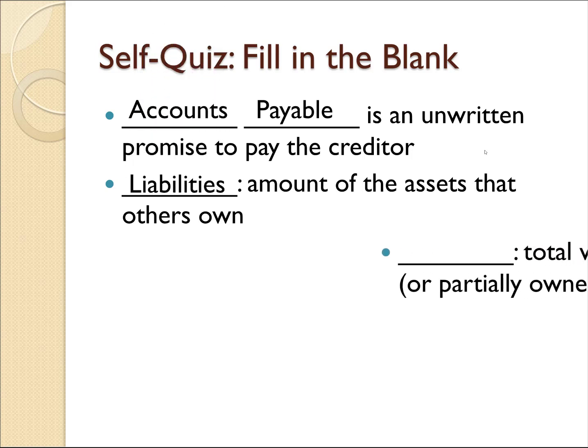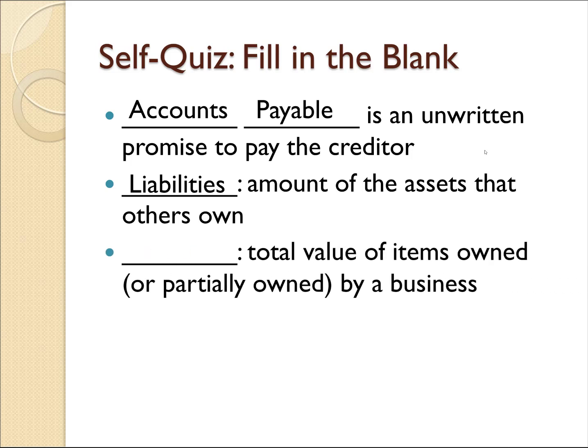Next question. What do you call the total value of items owned or partially owned by a business? In other words, all the things a company has. Those are called assets. And what's another word for debt? Liabilities.